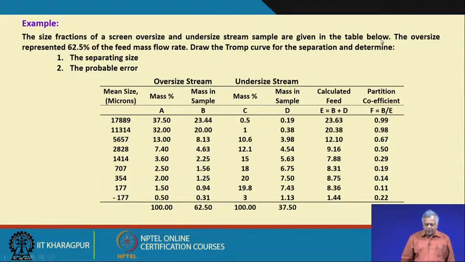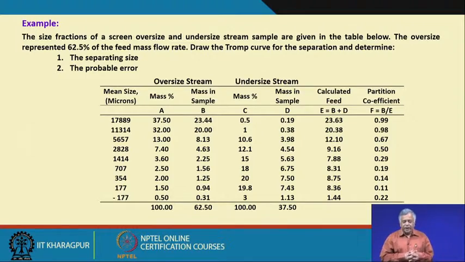That means the size analysis of the screen oversized and undersized streams are given. We have taken a representative sample from the screen oversized and undersized fractions and done sieve analysis in a laboratory, and that is what is being reported.